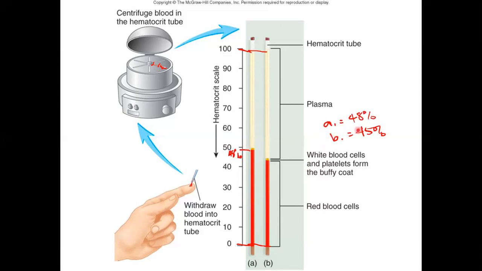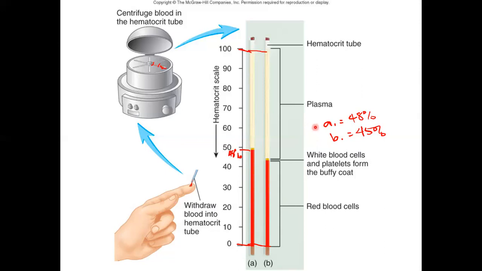B, right, lower. Which one is someone at a higher elevation? Like, I don't know, 8,000 feet above sea level, or let's say Mount Baldy or Big Bear. Good, letter A. Why? Less oxygen, more erythropoietin, more hemoglobin, or more red blood cells. Good. Here's a tricky one.